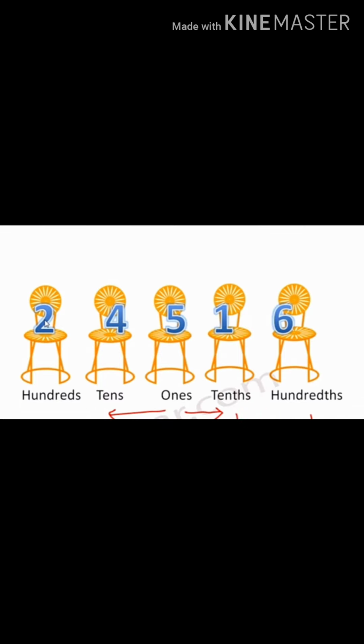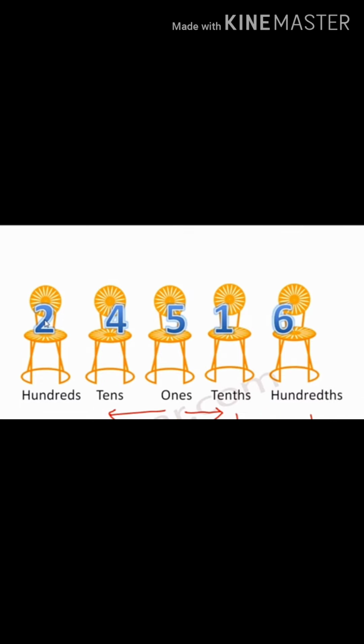But is that what I am trying to tell about this number? Reading it that way, 2 is in the 10,000s place, 4 is in the thousands place, 5 is in the hundreds, 1 in the tens and 6 is in the ones place. But in reality we do not have a thousands place and 10,000s place here. So how will we differentiate this number from the one we are trying to say?